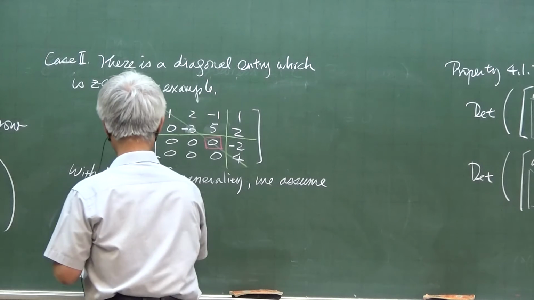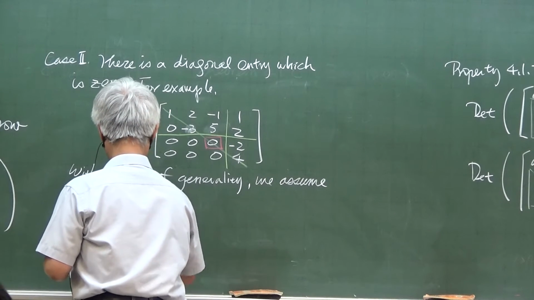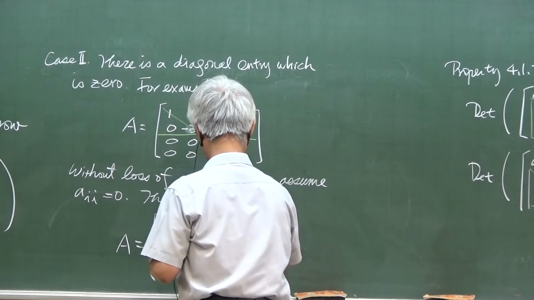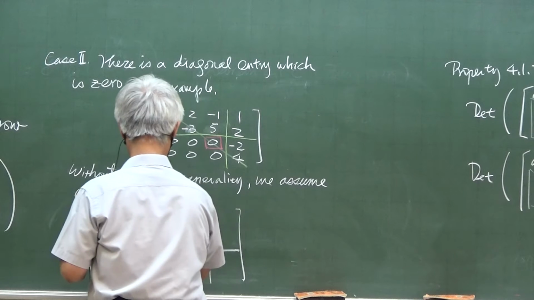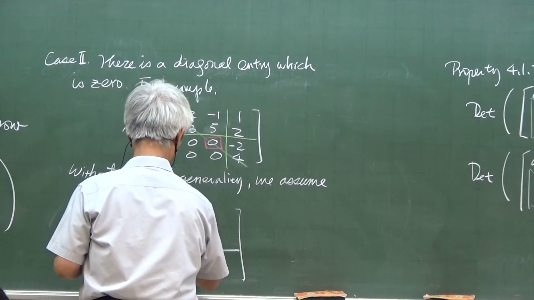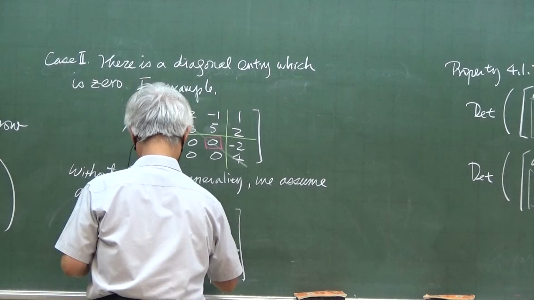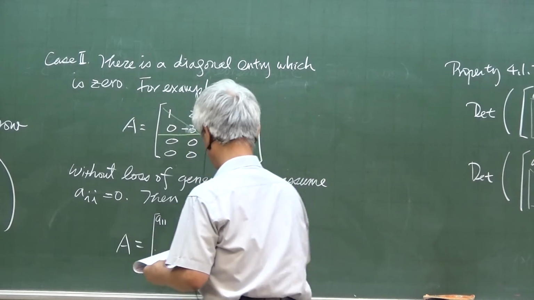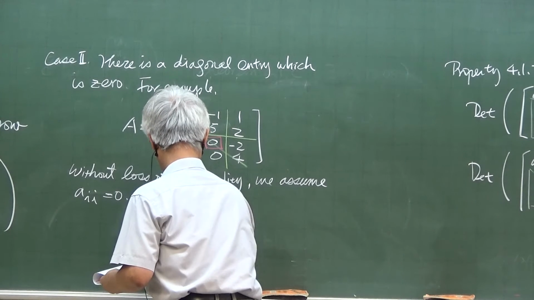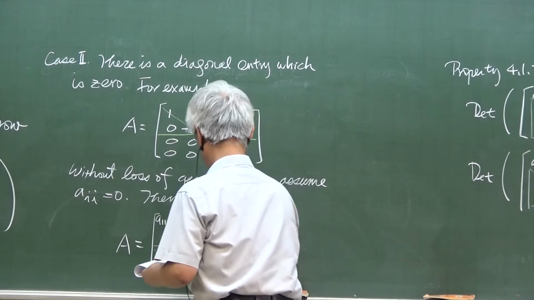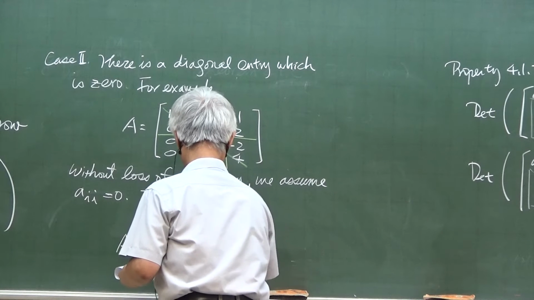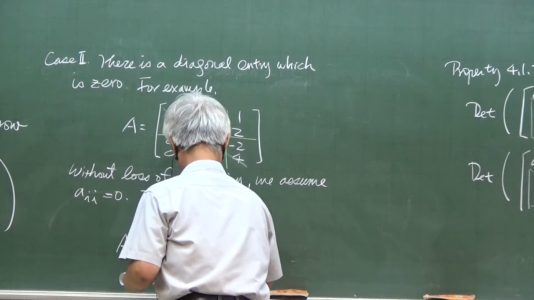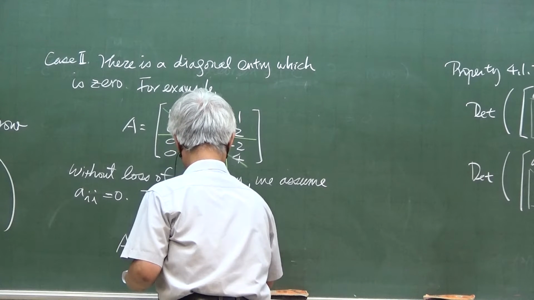Then A can be described in here. This is a_11 up to a_{i-1,i-1}, and so on.